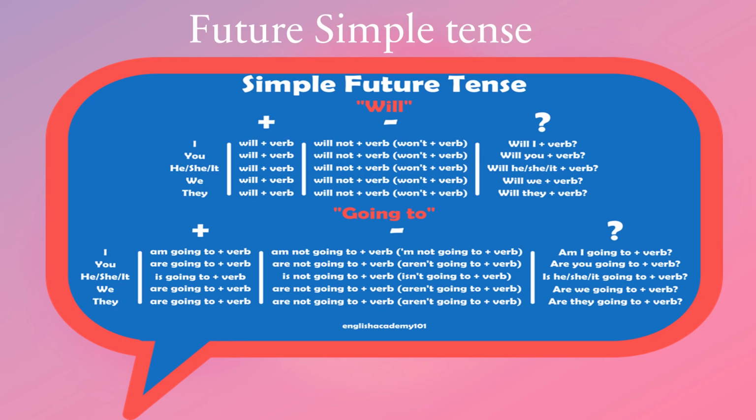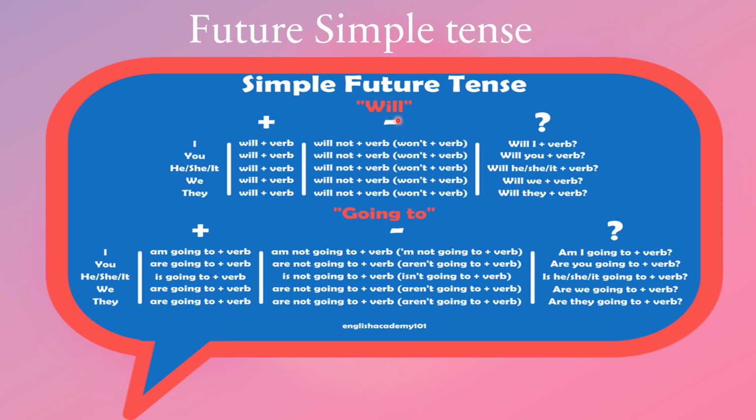So now that we have discussed when to use will and going to, we will further that into our future tenses. So for future simple tense, when using will in a positive sentence, you will place your subject, will, plus your verb.